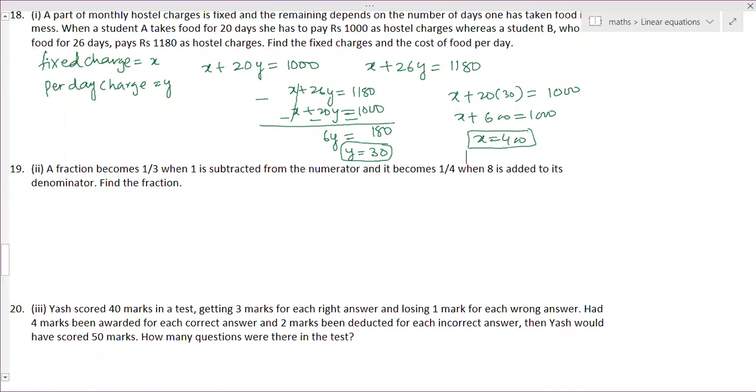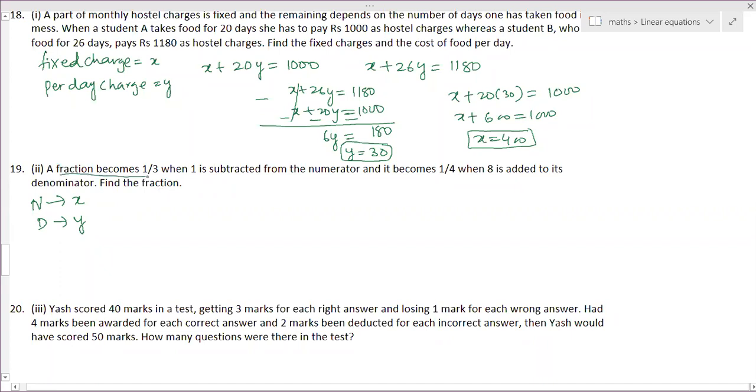The numerator we can take as x and the denominator as y. I'm writing short forms here, but you should not write them in the exam, otherwise you will lose marks, everyone. Then the first equation, y is equal to 3x minus 3.